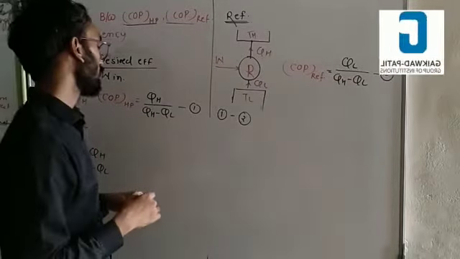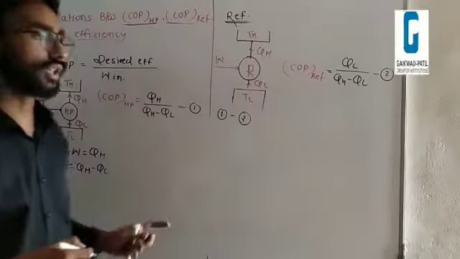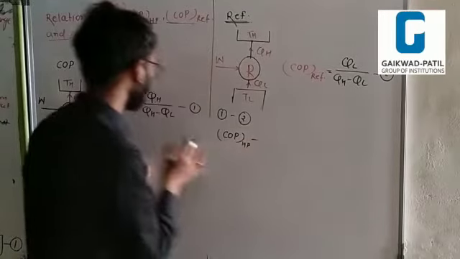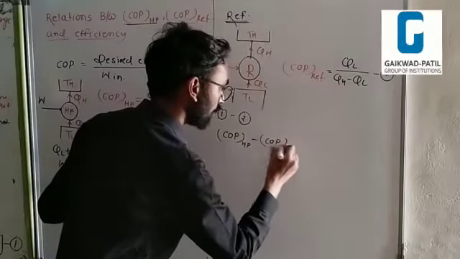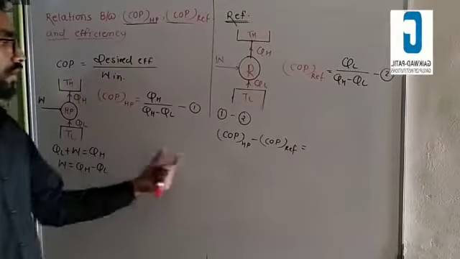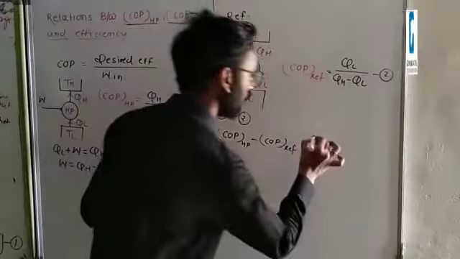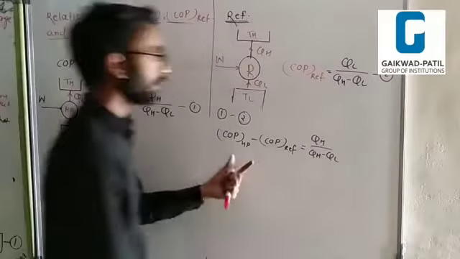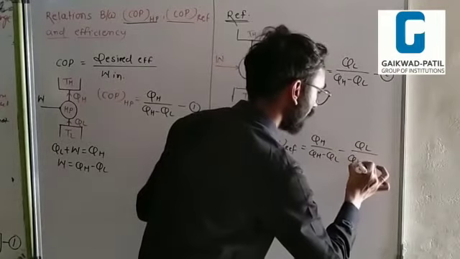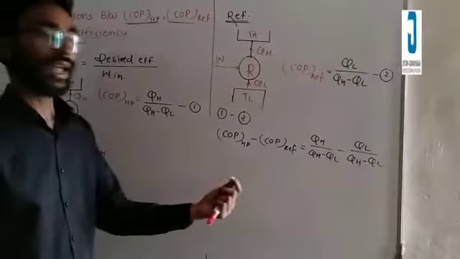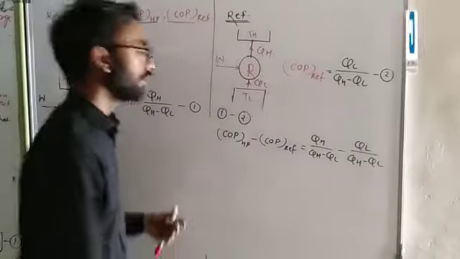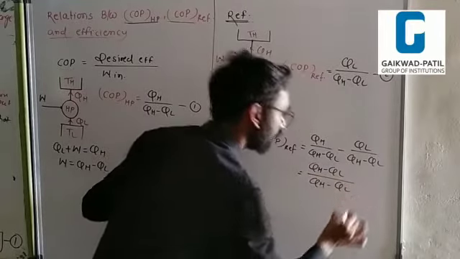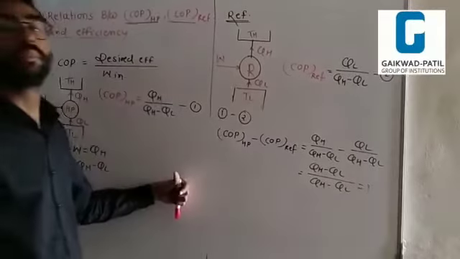COP of the heat pump minus COP of the refrigeration is equal to QH over QH minus QL minus QL over QH minus QL. The denominator is common, QH minus QL, so you can write QH minus QL over QH minus QL. That means 1.